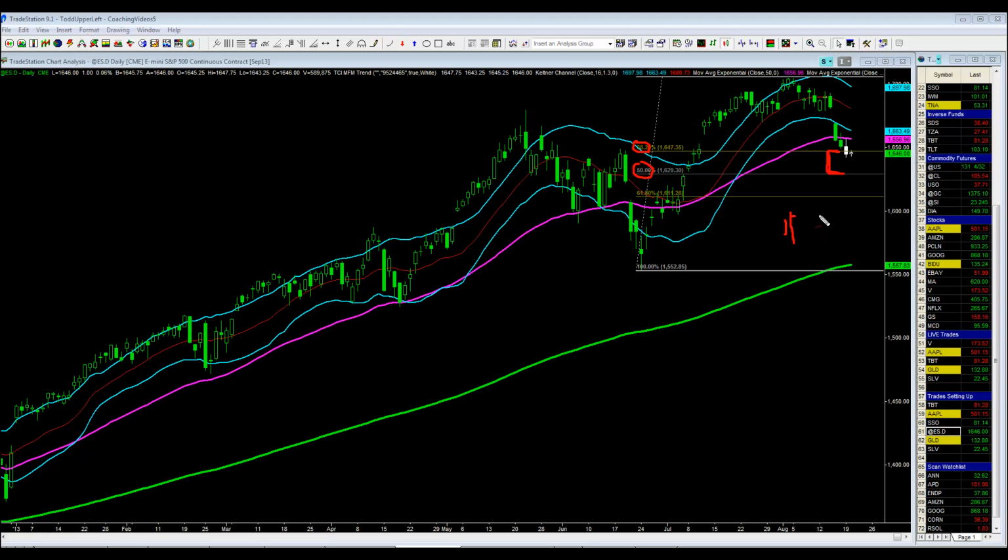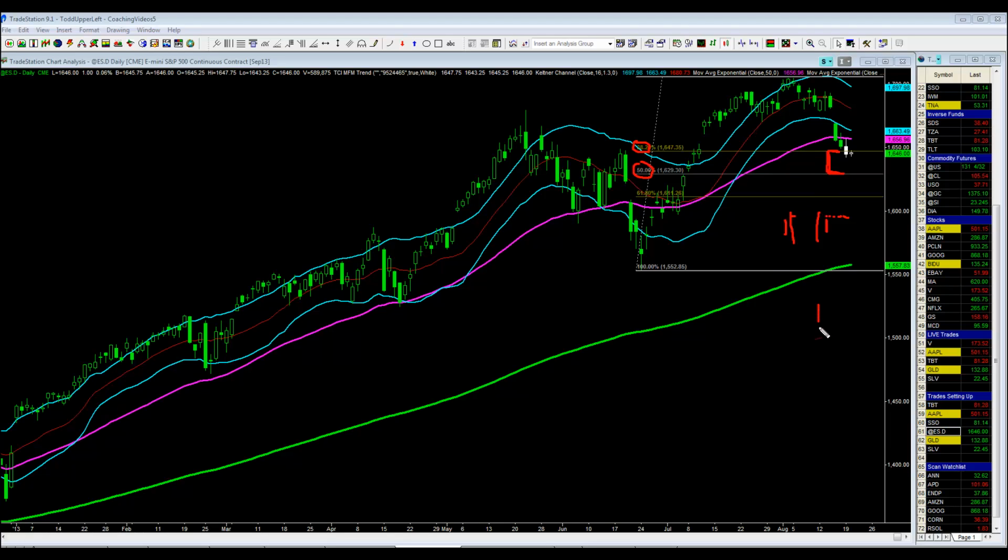And then, of course, I would love to see an inside pattern, the opposite of an outside, where the high is lower than the prior bar's high and the low is higher than the prior bar's low. In a case like that, I would be looking for the market to penetrate up through the high before executing long. Or I'd be looking for something I like to call the BOB, B-O-B, blow-off bar or shooting star for those candlestick users.